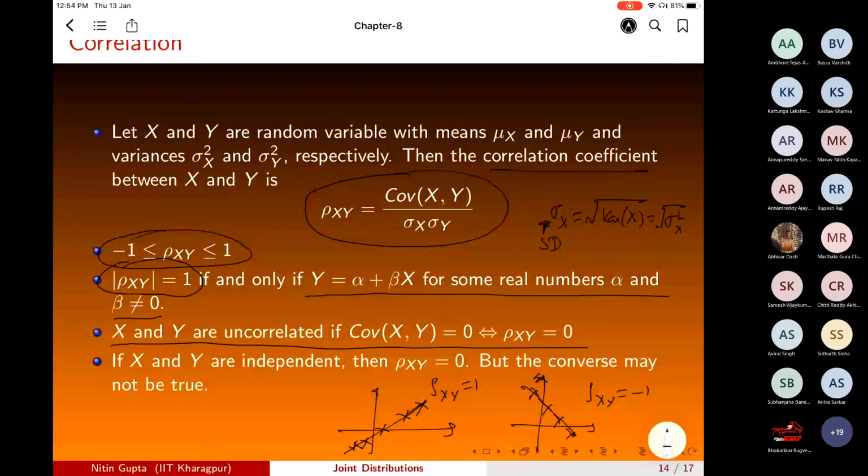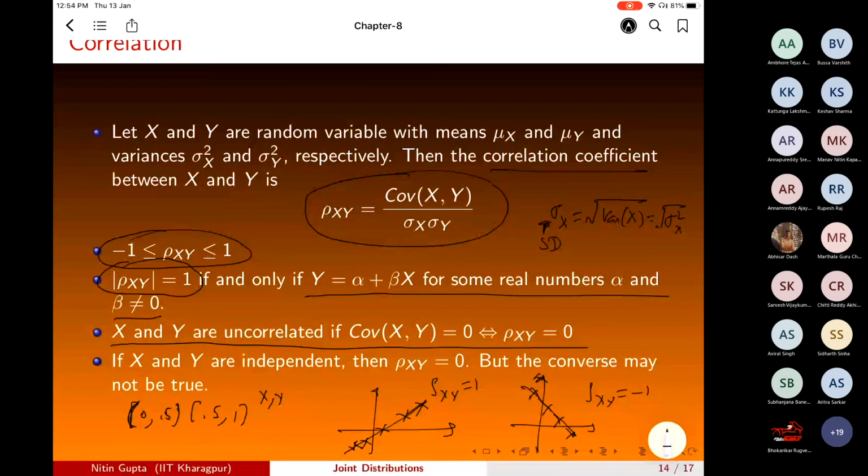So if the correlation coefficient is between 0.5 and 1, then there is a strong positive association between x and y. X increases, y also increases. If it is between 0 and 0.5, then we can say there is a weak positive association.